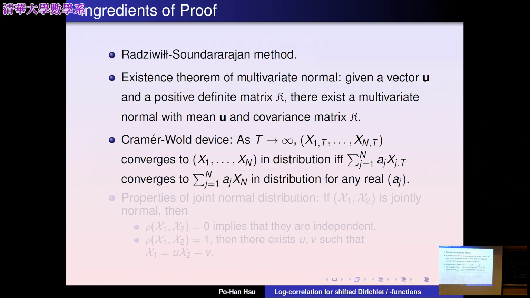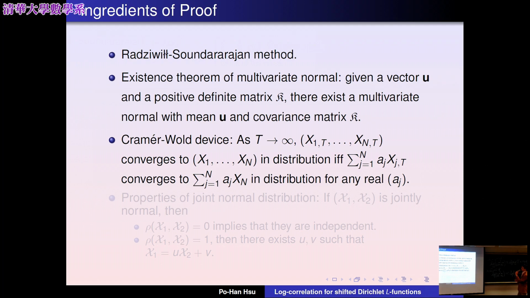One usually uses the so-called Cramér-Wold device. Namely, you have to consider its linear combinations. If the linear combination converges to this linear combination for any real a, then you can say that this vector converges to this vector.